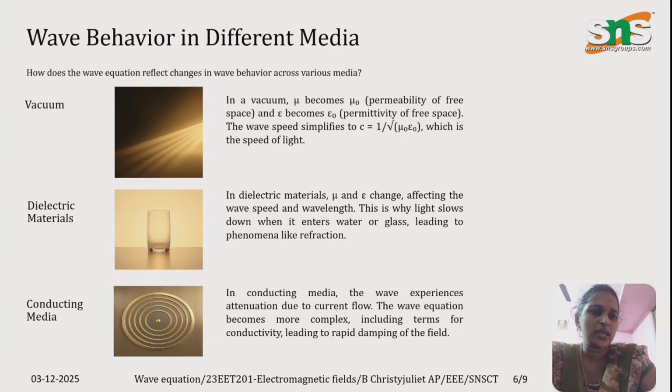That is why light slows down when it enters water or glass, leading to phenomena like refraction. So we can observe this property called refraction in dielectric materials, because there is a change in wavelength and wave speed with materials.